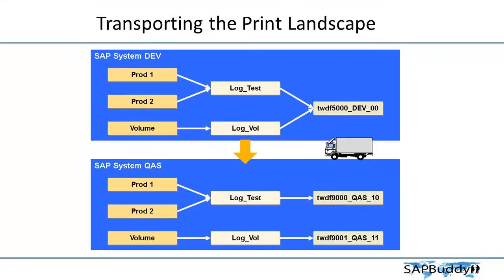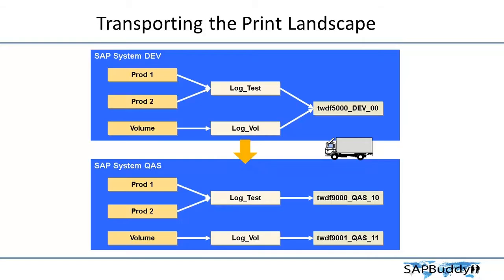Let's see how to transport the print landscape. Let's assume now we have created different logical servers and the setup in our development system. This setup can be transported from one system to another system.